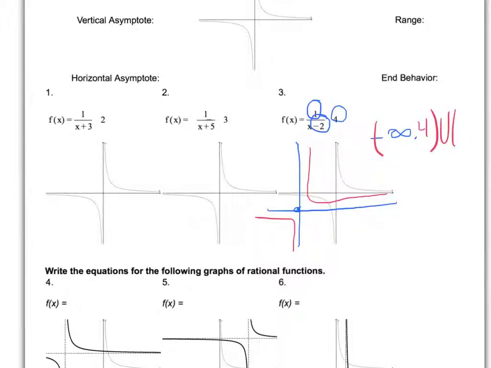And then 4 to infinity. And then our range would be negative infinity to negative 2, and then it would be negative 2 to infinity. Even though it doesn't ask for the domain and range, I thought I would put that, show you how to do that.